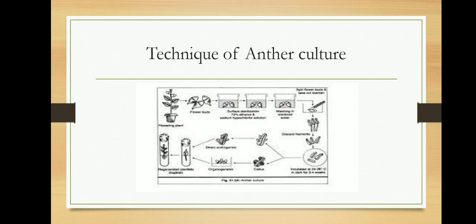And next, coming to the culture technique for raising haploid plants from the microspores or from the pollen grains. Generally, we have to take the entire anther for the culturing process. First, we have to select the mature anthers and excise them from the flower buds.